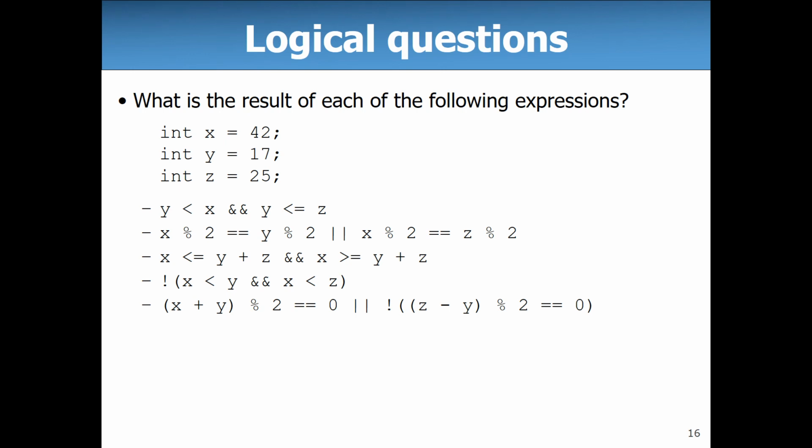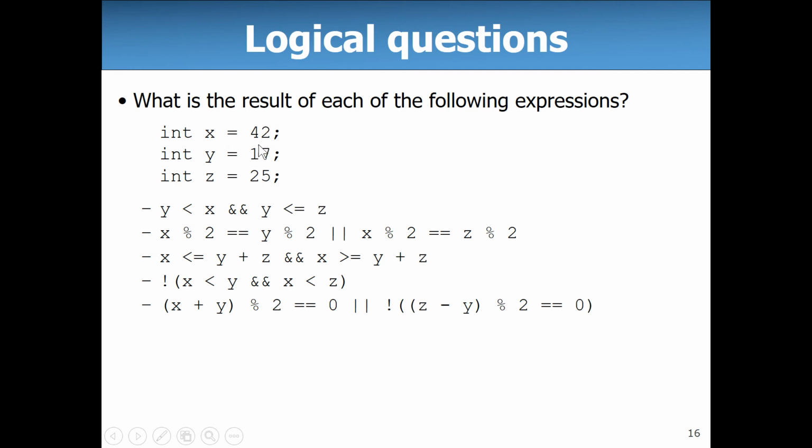So now, let's look at the results of each of these following expressions. Try to figure out what each of these things evaluate to. You might want to pause here for a second and see if you can figure that one out. So, were you able to figure it out?